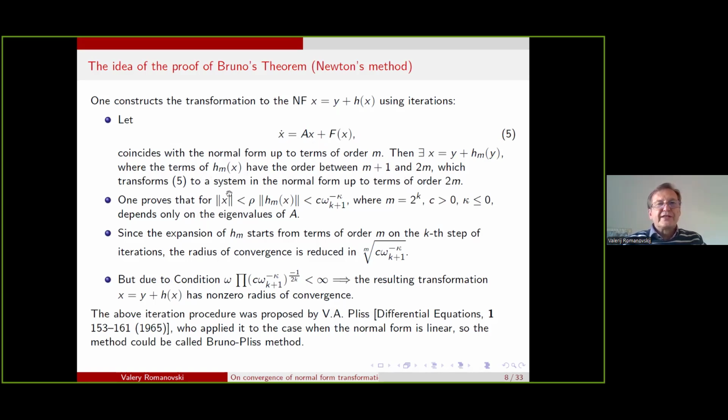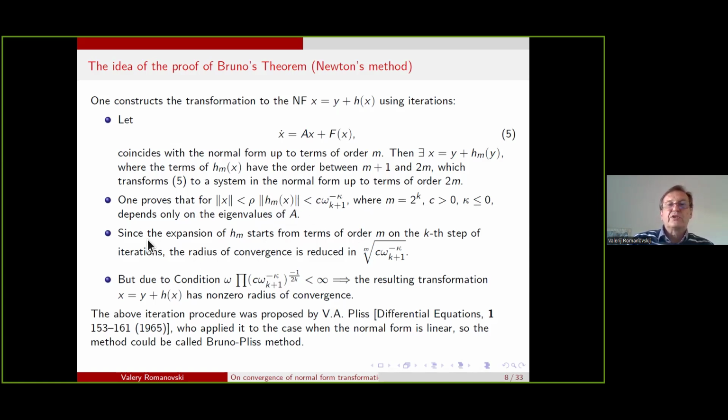And then one proves that if the norm of x is less than some number smaller than rho, then the norm of this transformation fm is bounded by some constant, omega k plus m minus k. So this is omega with the Bruno condition, where c is greater than 0, kappa less than 0. And this estimation depends only on the eigenvalues of m.